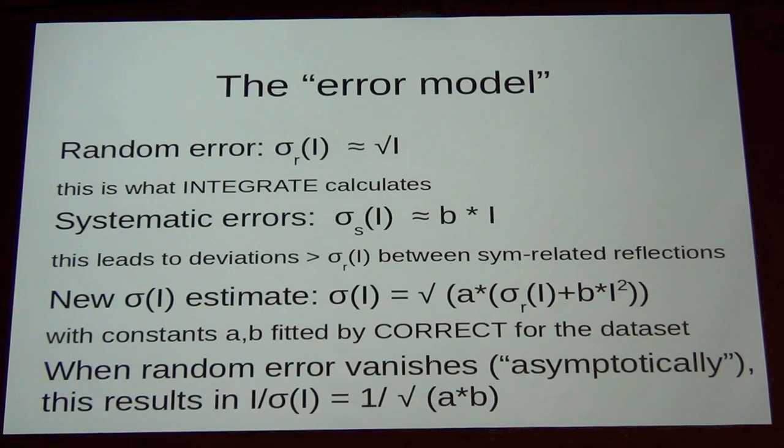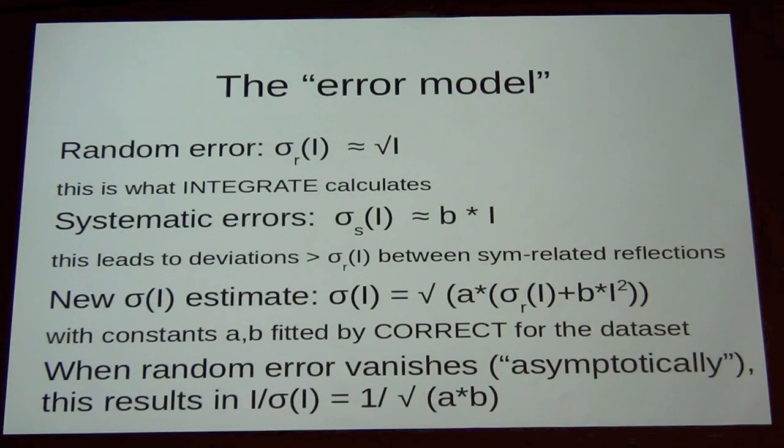So in other words, this asymptotic I over sigma tells you something about your systematic error, and it's completely independent from any random error. The random error has dropped out of the equation completely. So even for a very weak crystal, you can come up with this quantity, and it still tells you what the systematic error in your experiment is.